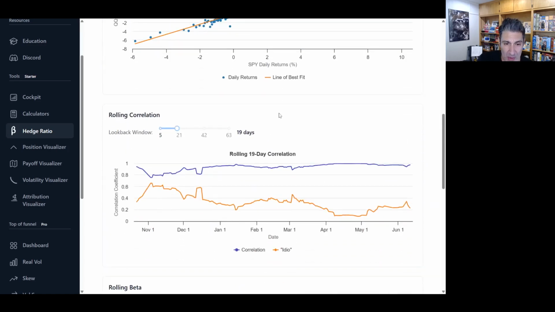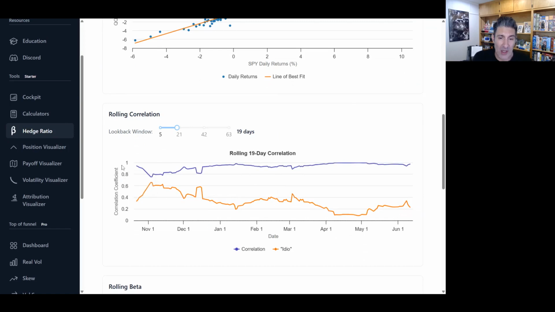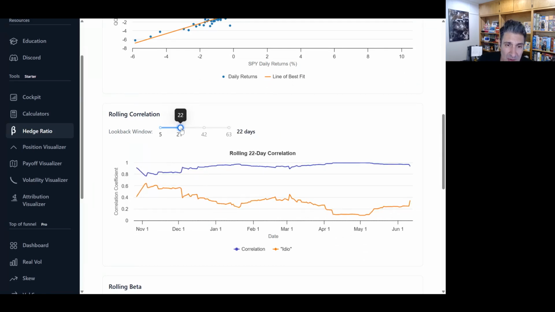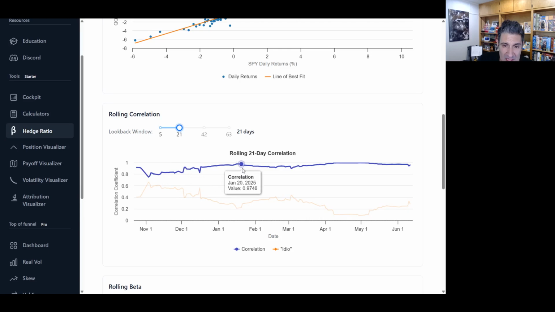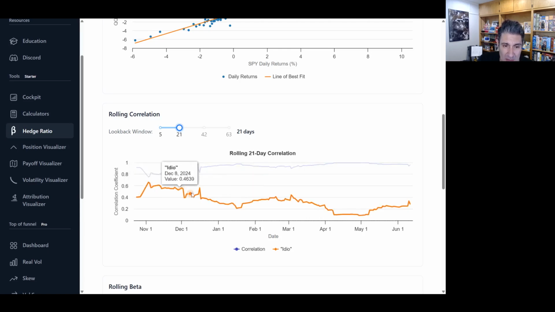And here we can see the correlation. The lowest it's ever dropped in this one year sample, on a 20 or 21 day lookback, is it never dropped below 75 correlation, and it's up near 97 at the peak here. The risk remaining is just sort of the mirror image of that.